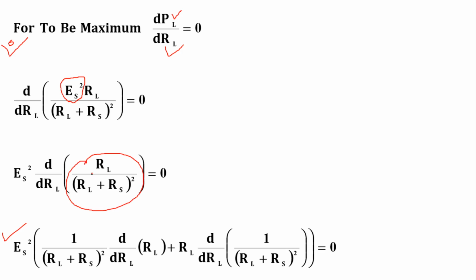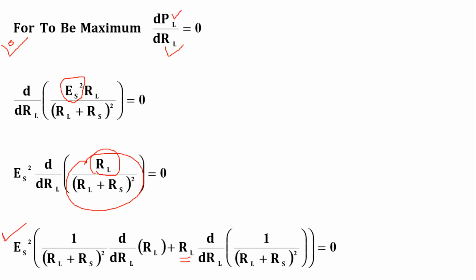We will keep one term outside of the differentiation and differentiate the other term, plus we will keep the other term outside of the differentiation and differentiate the second term. So 1 upon RL plus RS whole square we keep outside, and the differentiation of RL with respect to RL, so dRL by dRL, plus we keep RL outside and differentiate the other term, 1 upon RL plus RS whole square.